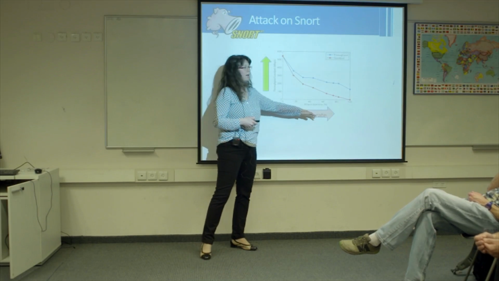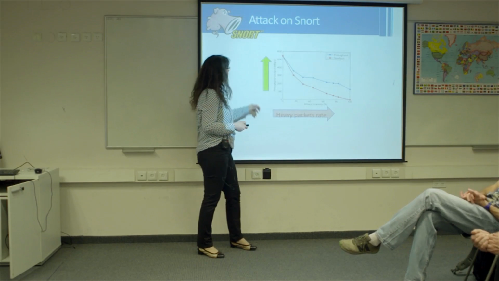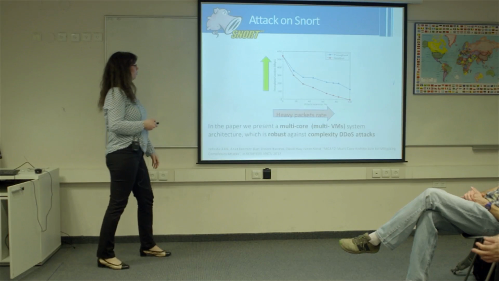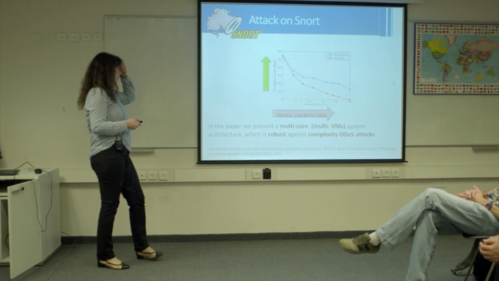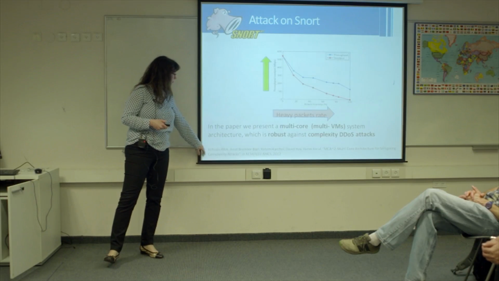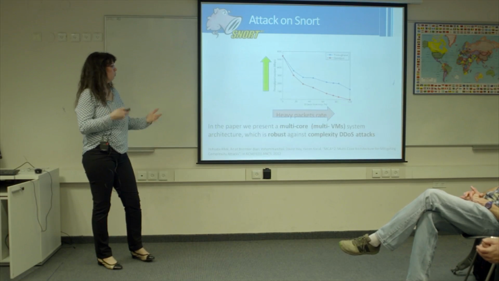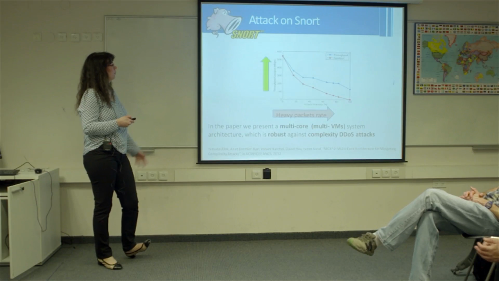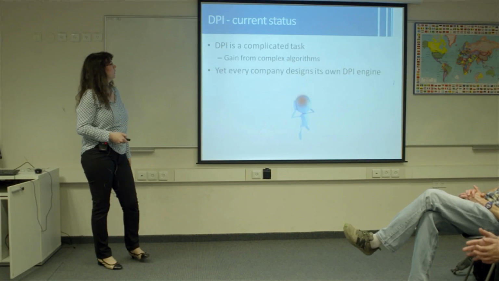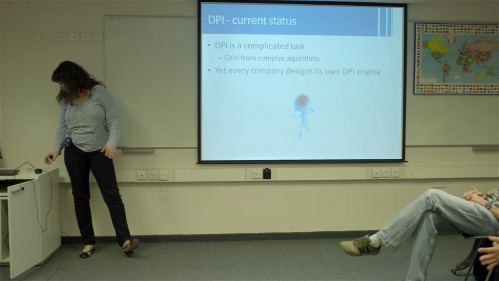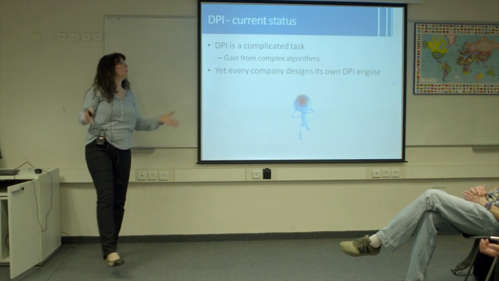We send heavy packets that are hard for the deep packet inspection, and so the throughput and goodput are reduced dramatically. And in a paper from a few years ago, we present a solution that uses a multi-core or multi-VM environment for solving this kind of attack.